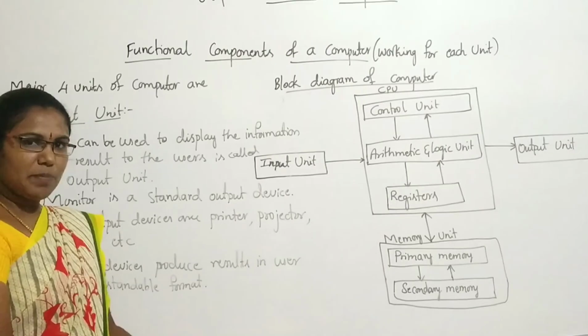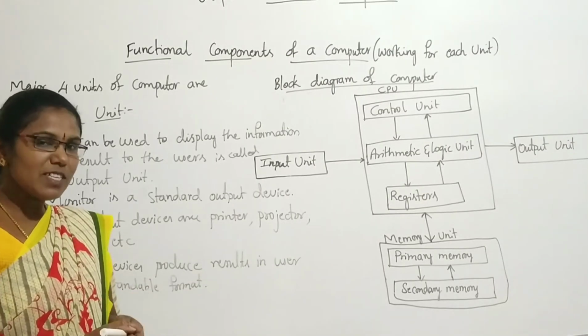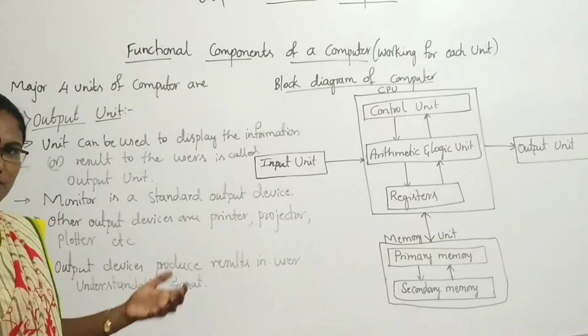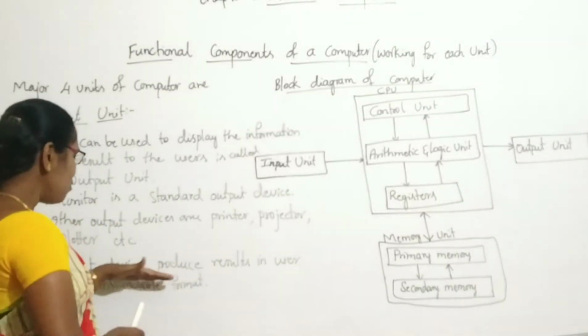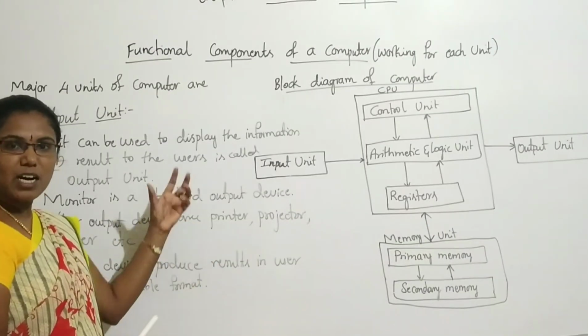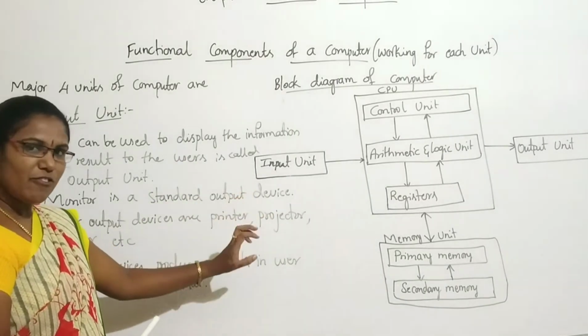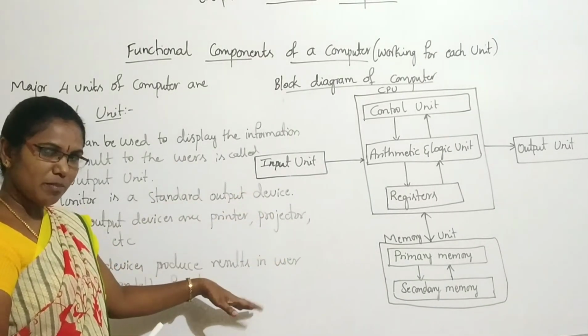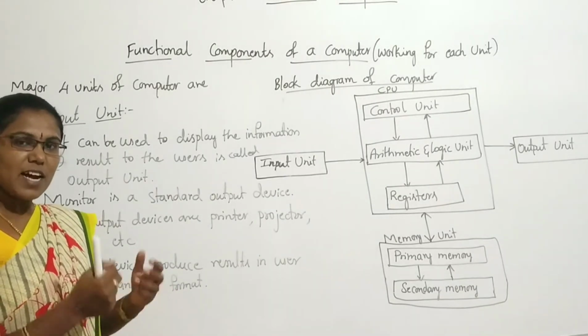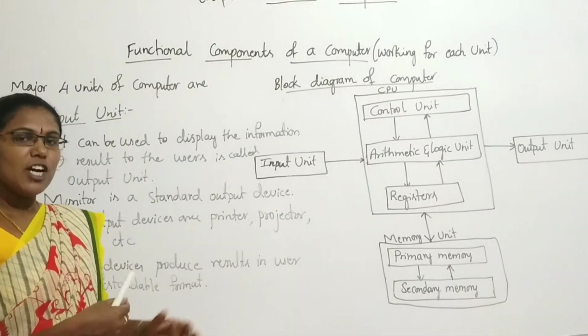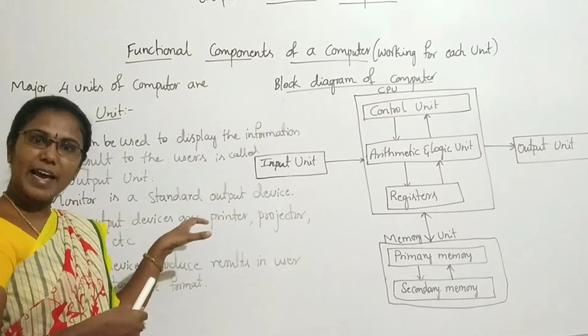If it produced results in zeros and ones format, we could not understand which type of result the computer has given. So that's why the output devices produce outputs in the user understandable format, then we can easily understand the information. So that information is very helpful to take decisions for further actions.